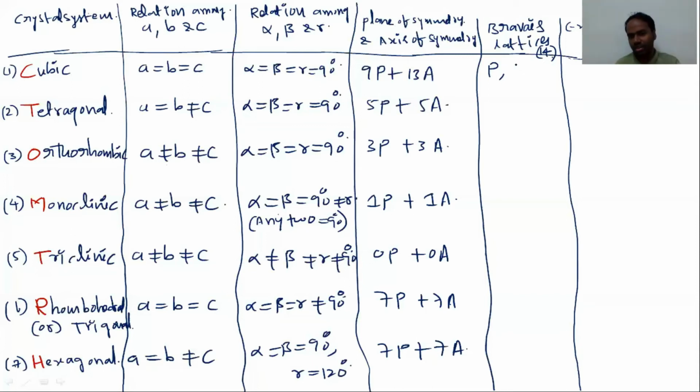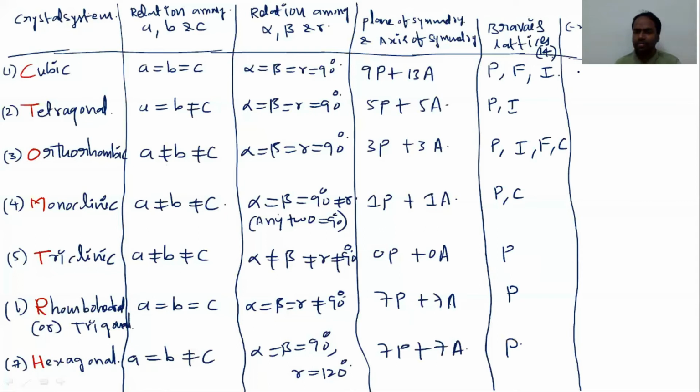While I was discussing the unit cells in the previous video, I clearly mentioned that primitive means P, face-centered unit cell means F, body-centered means I, and end face-centered means C. Here this is P, I, F, C. Once C comes, next also C will come. The remaining are all primitive.